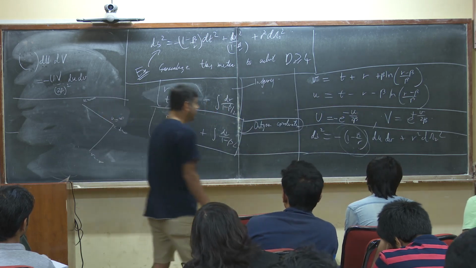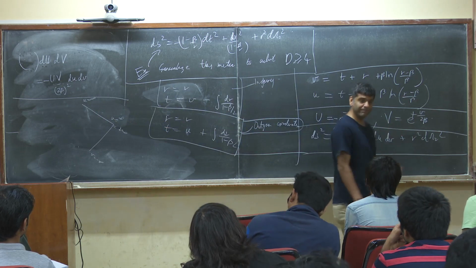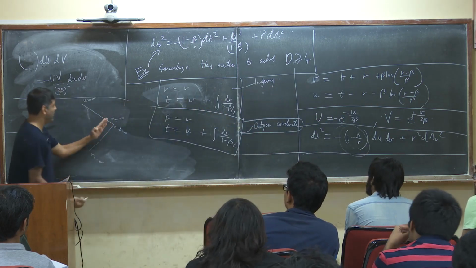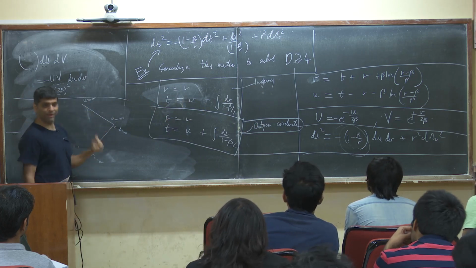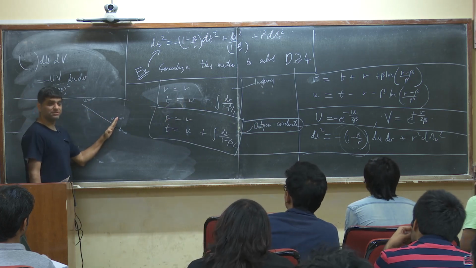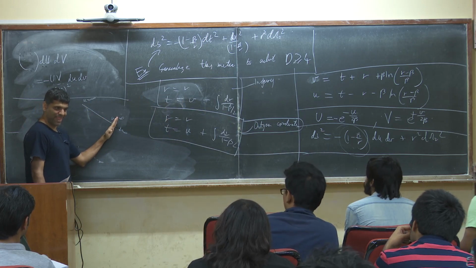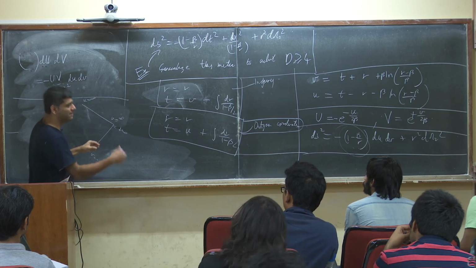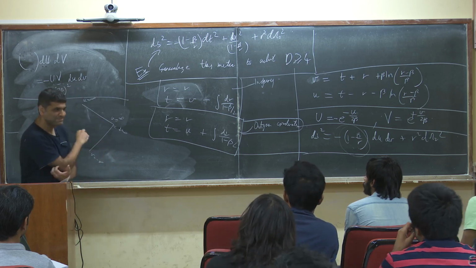So this coordinate capital V runs from 0 to infinity, where little u and little v are both well defined. Capital V runs from 0 to infinity, and capital U also runs from, in this case, minus infinity to 0.